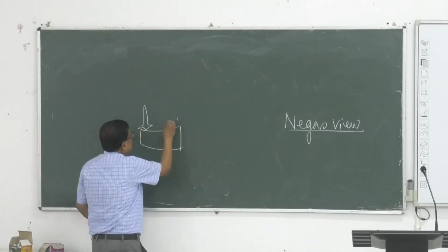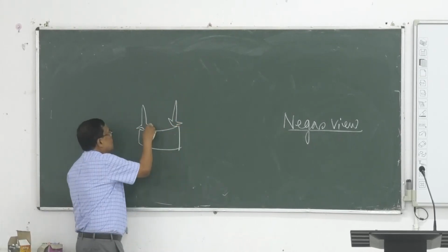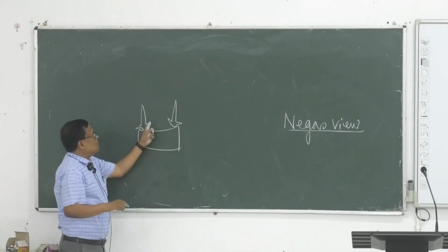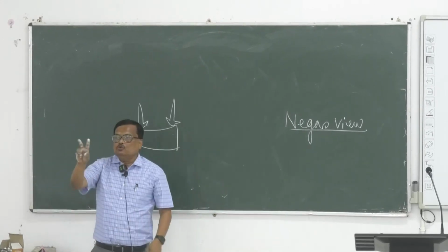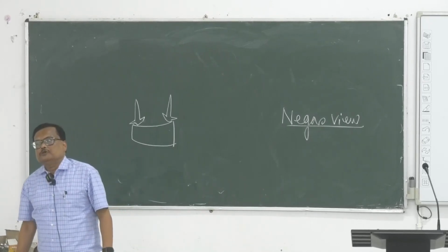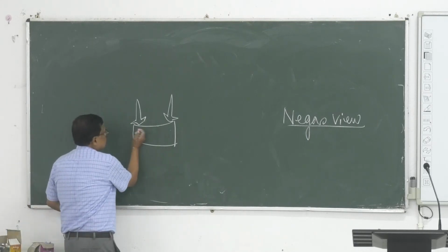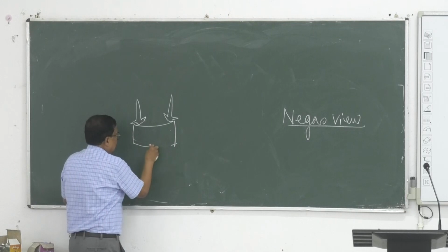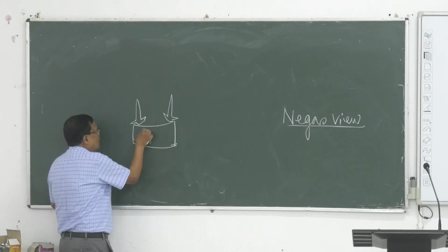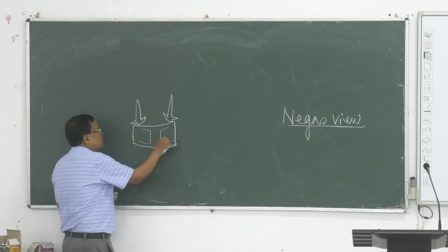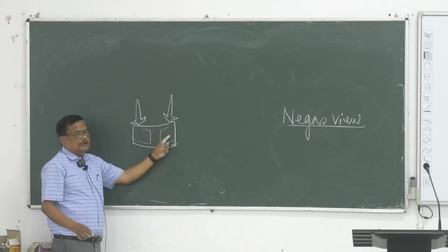Arytenoid cartilage makes a joint on either side. এটা হচ্ছে ভোকাল প্রসেস, এটা হচ্ছে মাস্কুলার প্রসেস। বারবার বলছি, অ্যারিটিনয়েড কার্টিলেজের দুটো প্রসেস রয়েছে, ভোকাল প্রসেস অ্যান্ড মাস্কুলার প্রসেস। Posterior cricoarytenoid takes origin one on either side from the posterior aspect of the lamina of the cricoid cartilage, one on either side, right posterior cricoarytenoid, left posterior cricoarytenoid.